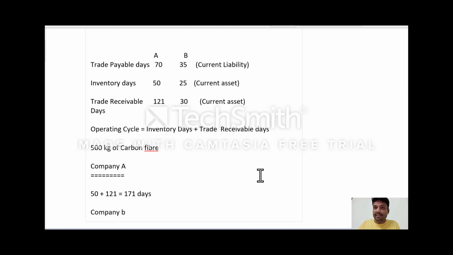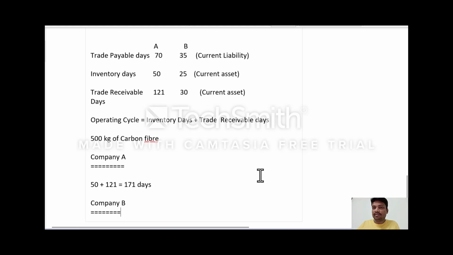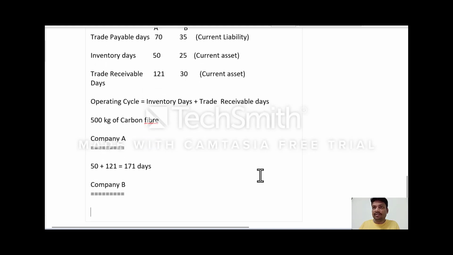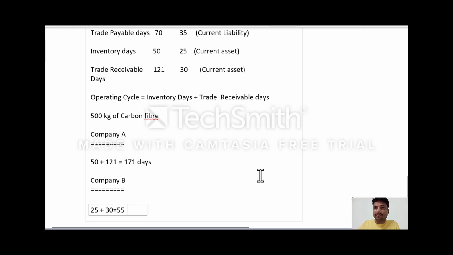For company B, it is taking 25 plus 30, equal to 55 days. It is just taking 55 days.